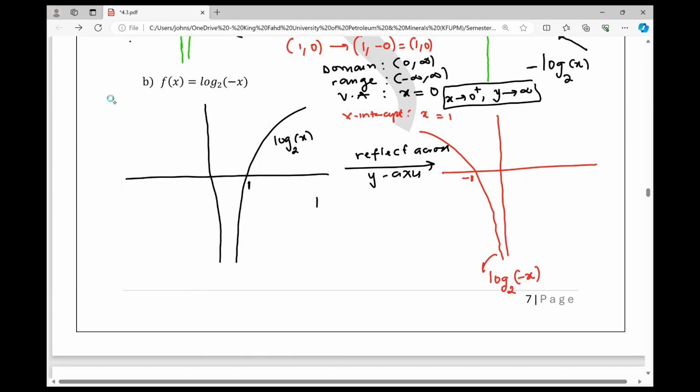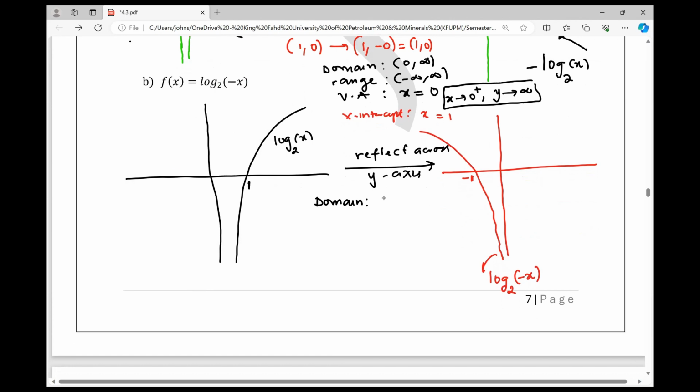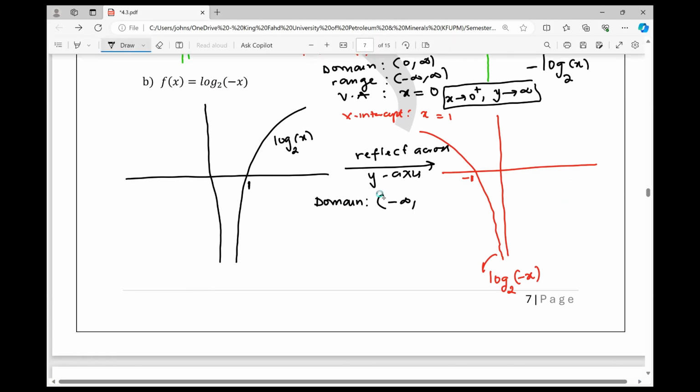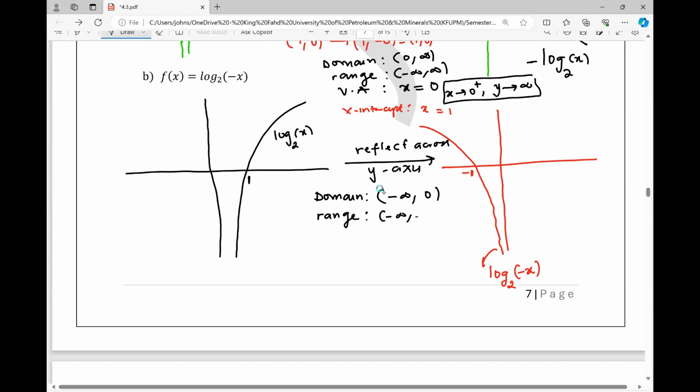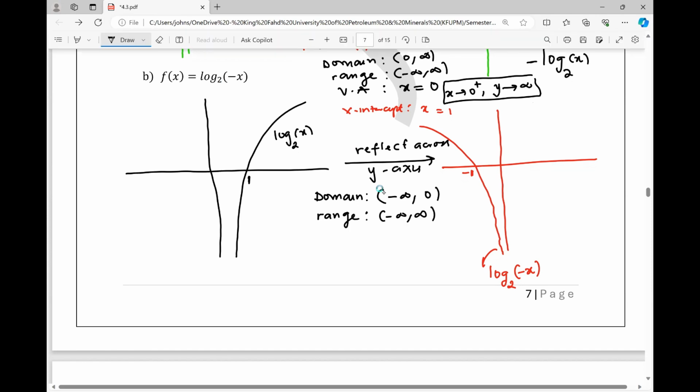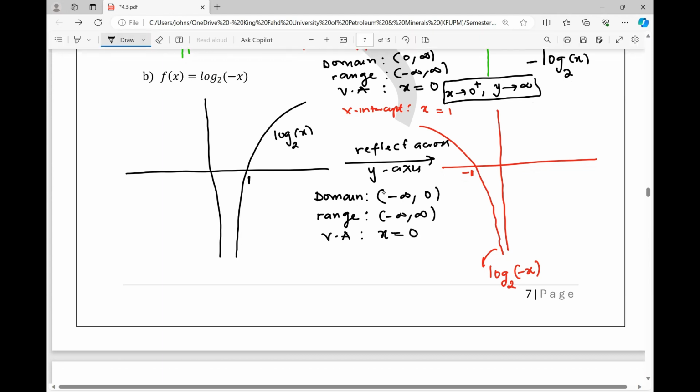Let's see what is the domain first. The domain is going to be minus infinity to 0. The range is still the whole of R. We have the vertical asymptote is still x equals 0.